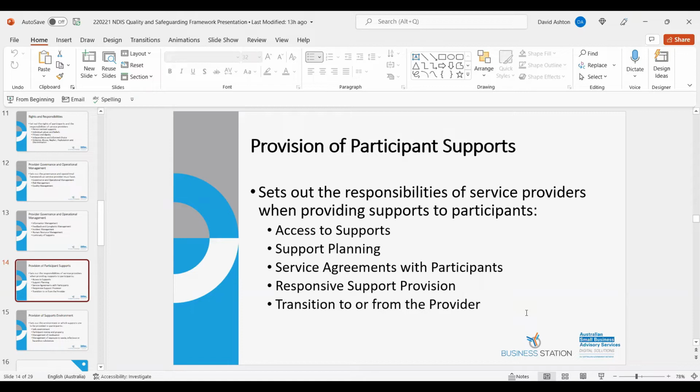And that's generally documented in a service agreement, so a legal document between yourself and the participant and their family or advocate. Each participant has a clear understanding of the supports they have chosen and how they will be provided. So you've got to collaborate with them on that, and put that in a document, a service agreement that clearly outlines the rights and responsibilities of both parties and all the mechanisms to change that and implement that.